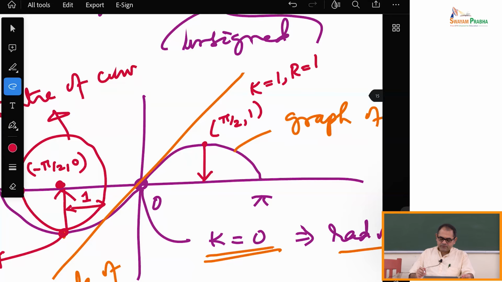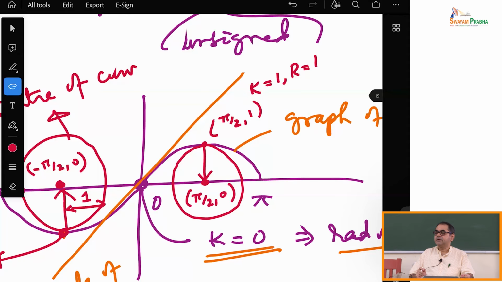You are going to have the circle here, and the center will now be pi by 2 comma 0. So the centers of curvature are plus or minus pi by 2 comma 0, and the radii of curvature are 1. What is happening is that only at the point x equal to 0 do you get a straight line.